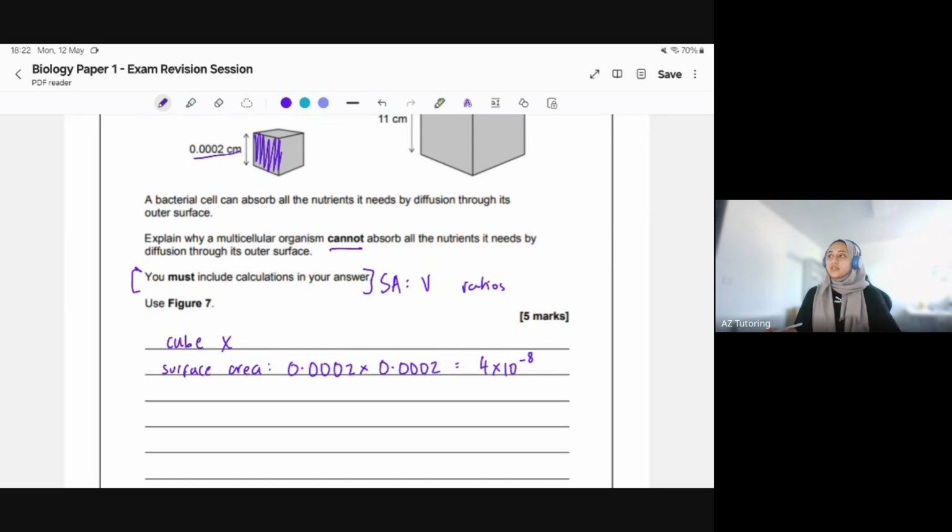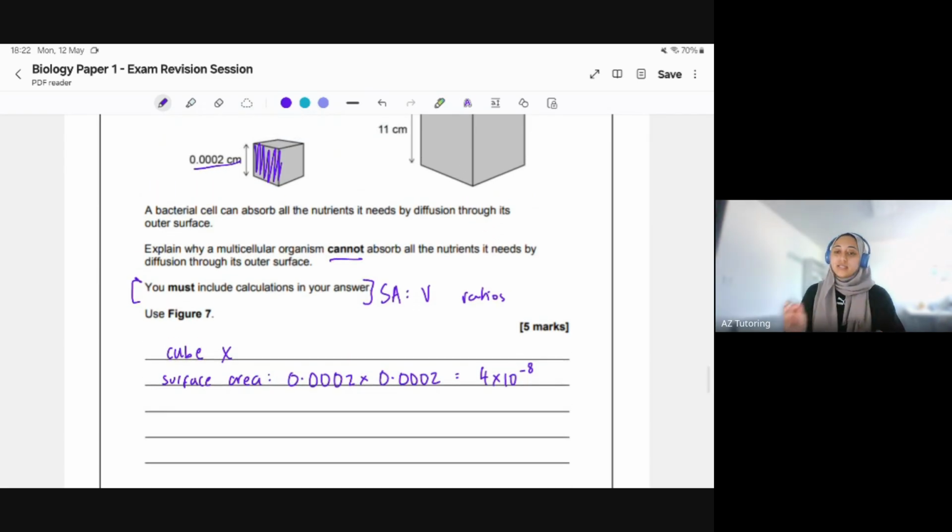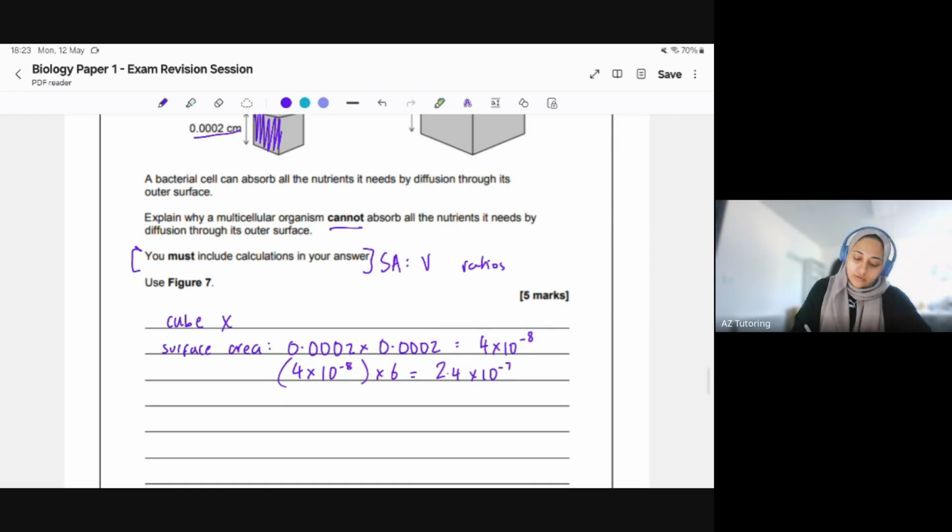Don't worry about converting the standard form, just leave it as is. But that's not our final answer. We've worked out the area of one face. We then need to times that by 6 because we've got 6 faces. So I'm going to do 4 times 10 to the minus 8 times 6, and that gives me 2.4 times 10 to the minus 7. Okay, so I found the surface area.